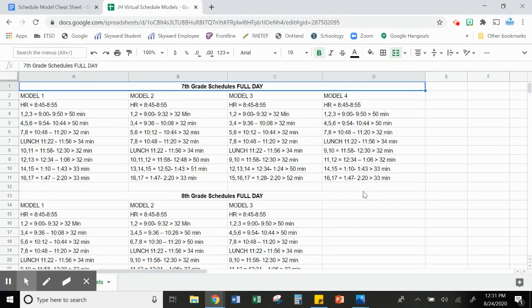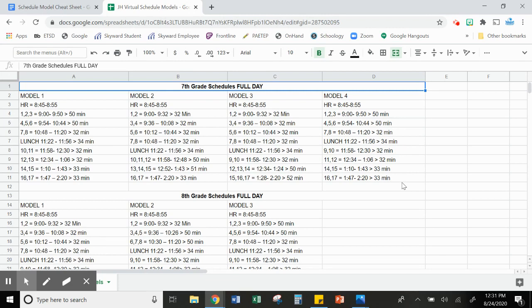So that's an overview of how you would determine which of these models you would follow. Remember, you will only follow one of these models. You will either be a 7th grader following Model 1, or Model 2, or Model 3, or Model 4.